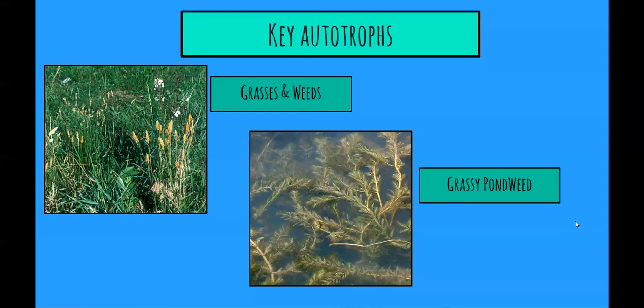Grassy pondweed was probably introduced to lake biomes or pond biomes when someone probably purposely dumped their fish tank into the water. And grassy pondweed can reproduce and become a problem for people trying to fish.